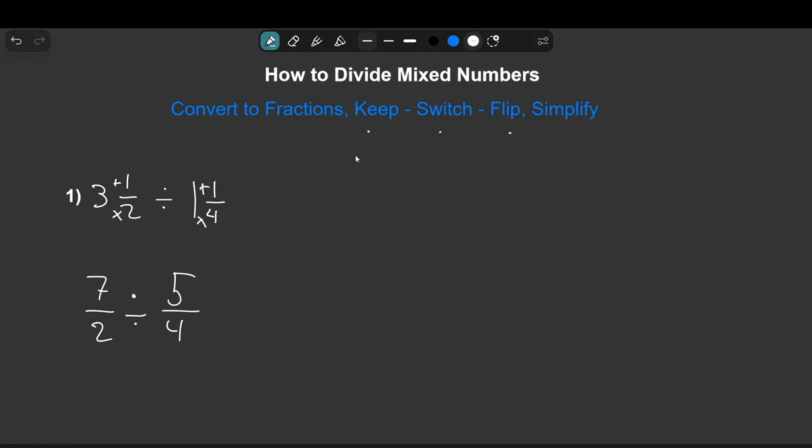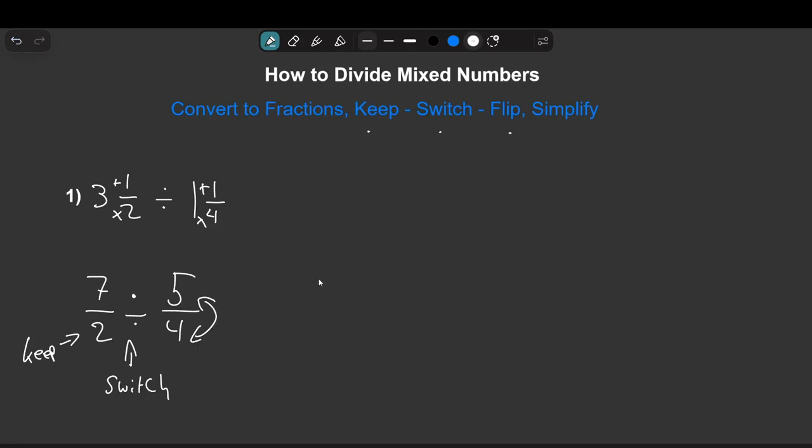So how we do this is we keep our first improper fraction, we switch the dividing sign to a times sign, to a multiplication sign, and we flip the second one. So we keep this one as it is, we switch this one, and we flip these two.